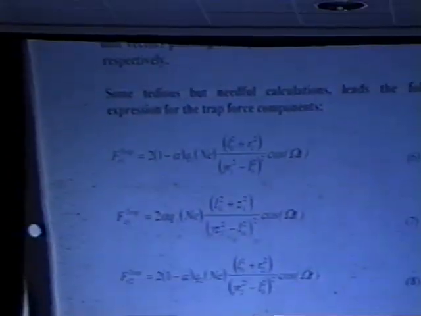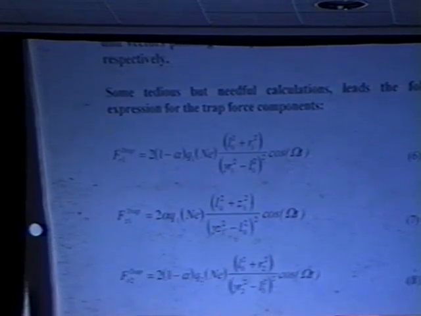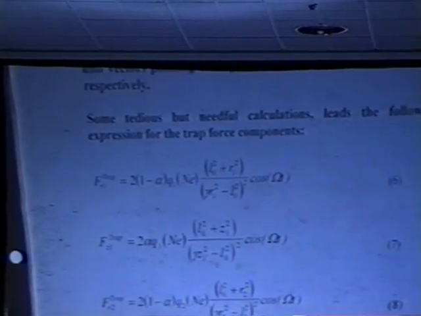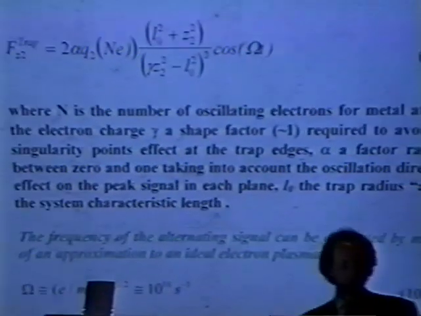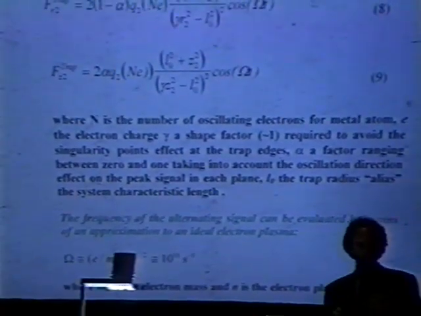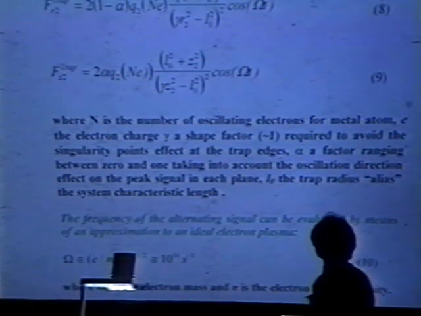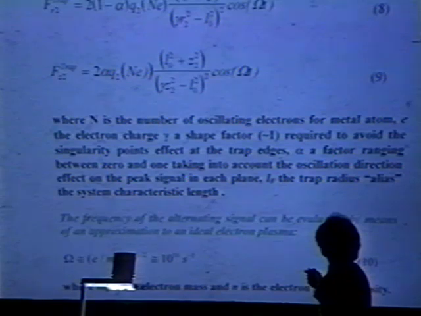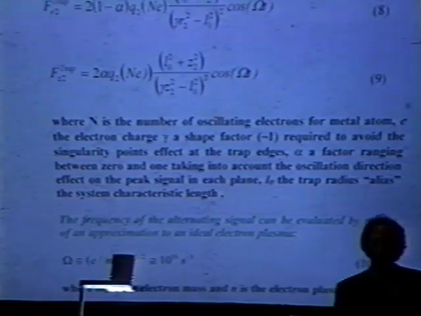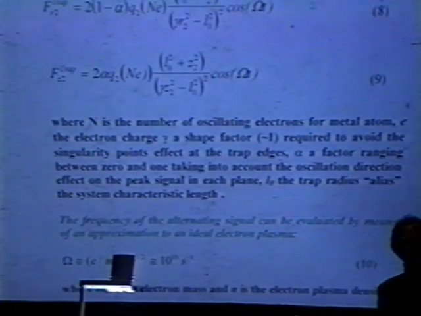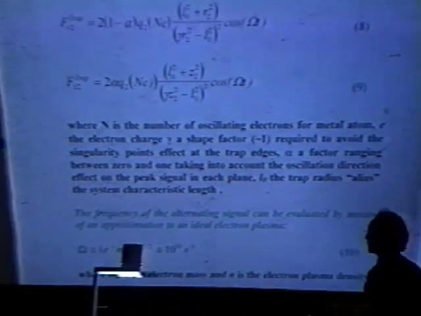Here we have the expression of the trap force, obtained considering that the oscillating system can be well described as an oscillating dipole, but other expressions have been tried to model this effect, like a circularly symmetric potential, giving more or less the same results. Here we have alpha, a factor ranging between 0 and 1, modifying the peak value of the signal because of the orientation of the oscillation with respect to a plane.